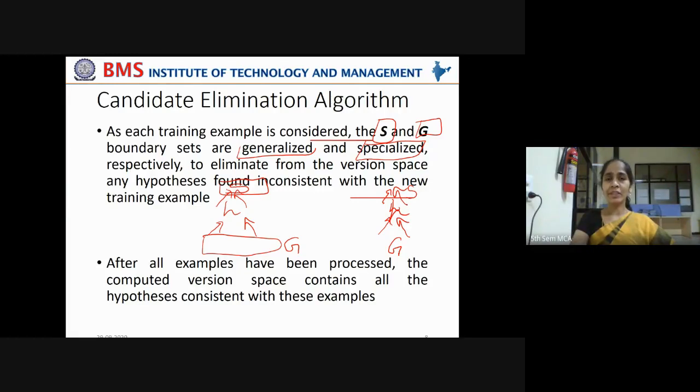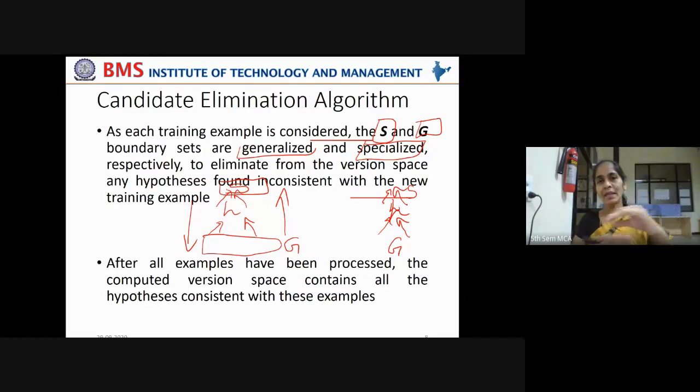Whenever the machine goes through each of the training examples, G will be more specialized, going towards this direction, and S will be more generalized, coming towards this direction. And finally, after it covers all the training examples, the output of this candidate elimination algorithm will be the briefest version space where S and G tend to come together.